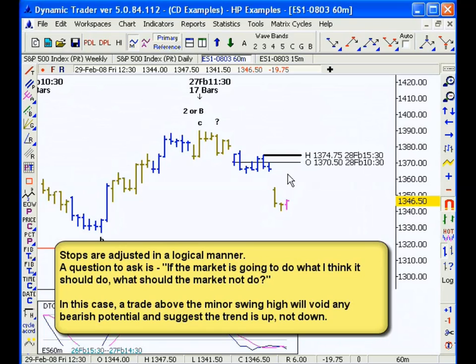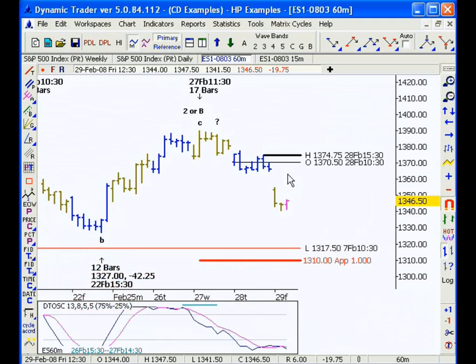But right now we can decide how to adjust the stop in the intermediate-term unit. And think, what's a logical condition to which we want to adjust the stop? We already know we're going to adjust if the market comes down to 1310, the 100% alternate price projection, or the daily momentum makes a bullish reversal.